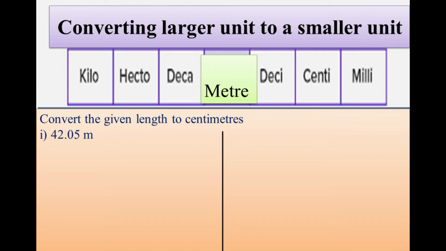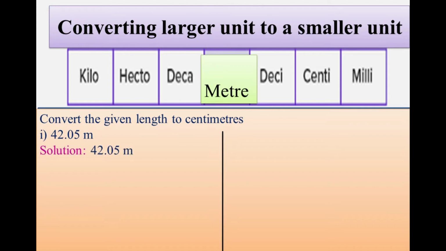Okay. Now we have moved to decimeter. We have multiplied by 10. Then another step we have to move to reach centimeter. So on moving the next step, again you have to multiply by 10. Now 10 into 10, 10 tens are 100. So 1 meter equals 100 centimeter.